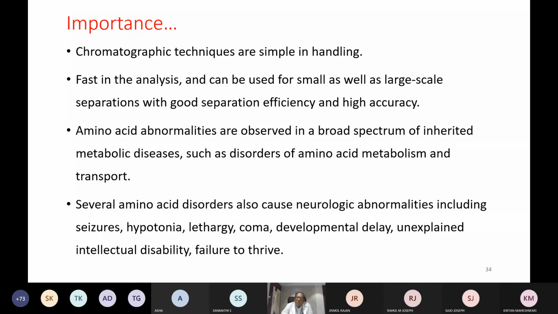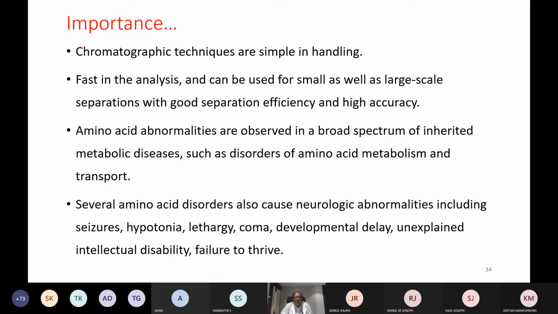Because of non-availability of one particular amino acid, which results in some clinical features, he may suspect that the patient is excreting more of that amino acid. The only thing is that he has to find out which amino acid it is.